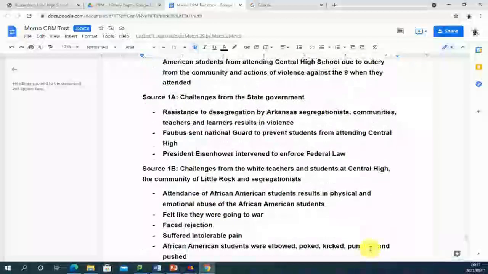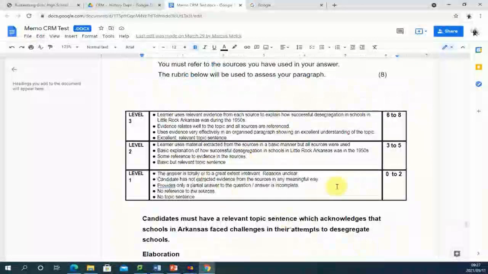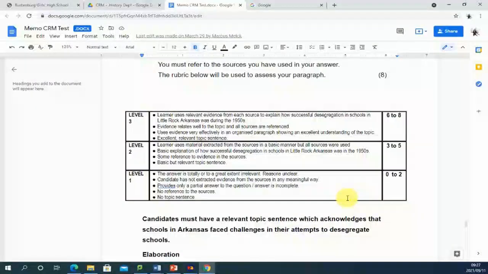So that is the rubric which is used to mark this particular question. Okay? And to achieve that top mark, we look there, is that you use relevant evidence from each source to explain how successful desegregation in schools in Little Rock, Arkansas was during the 1950s. Okay.